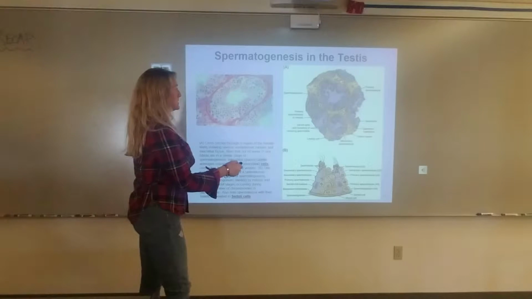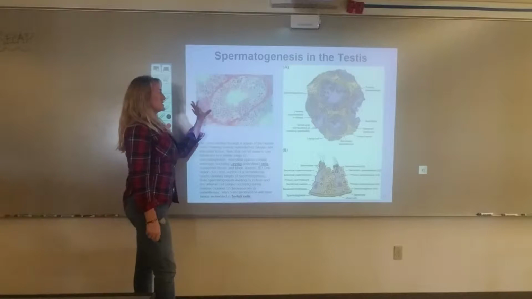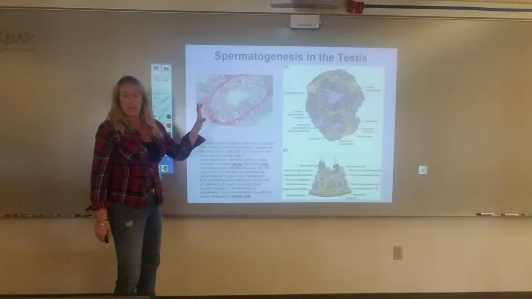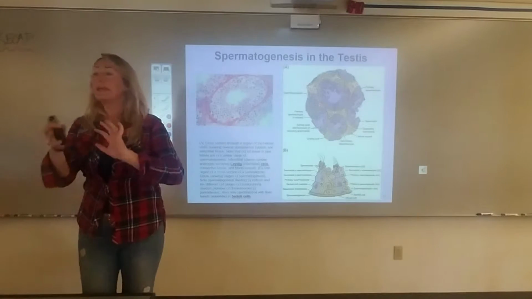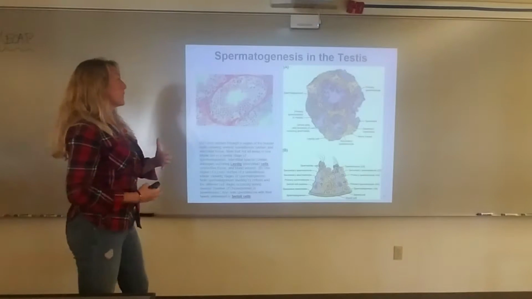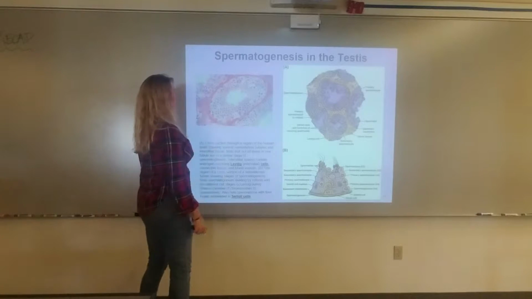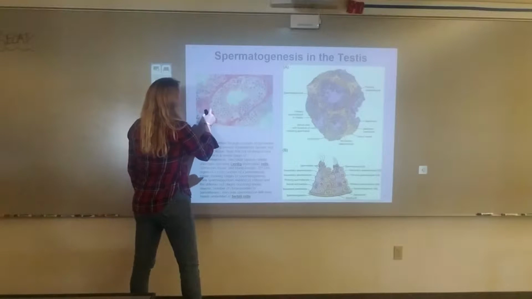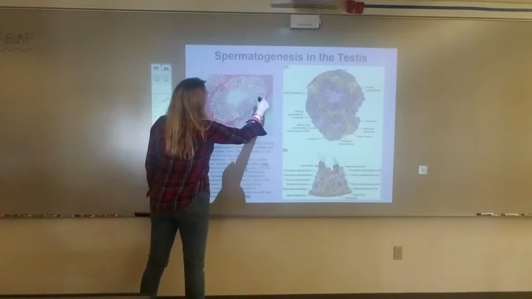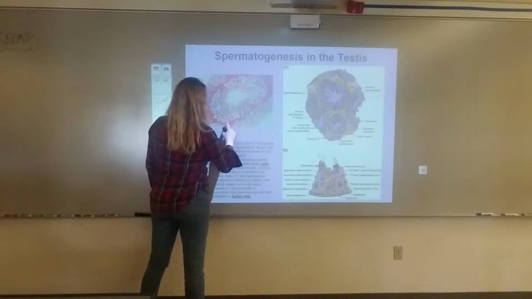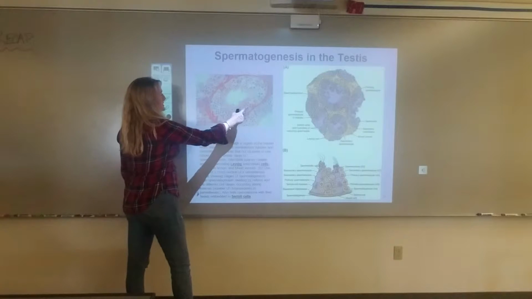The cartoon version of this is right here. Sperm are developing and undergoing meiosis and differentiating into full-fledged sperm right in this space. Out in the outer part, you've got these cells right up against the edge. They're big, kind of fat. Here's one right here. These are spermatogonial stem cells.